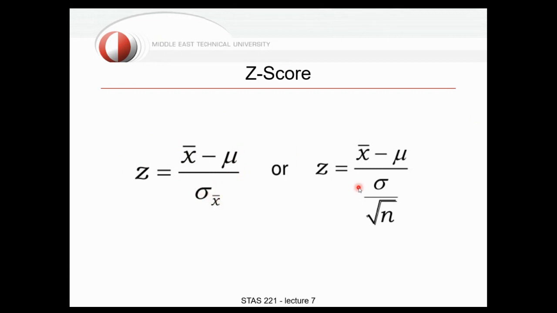What is sigma of x bar? This is sigma over the square root of n, which is the sample size. So this part is different from the time that we wanted to make the z-score out of x. This is x bar, not x. So x bar minus mu over sigma over the square root of your sample size. This is the way that you make the z-score out of x bar.